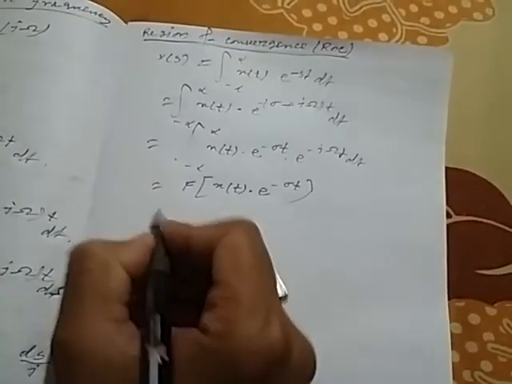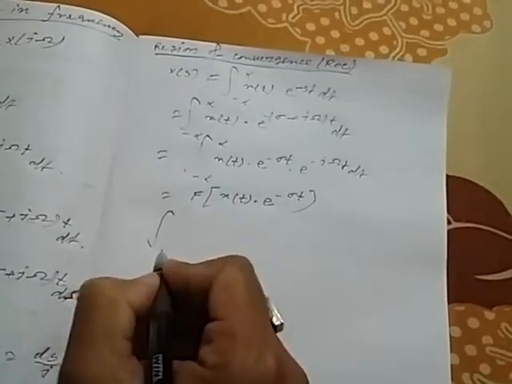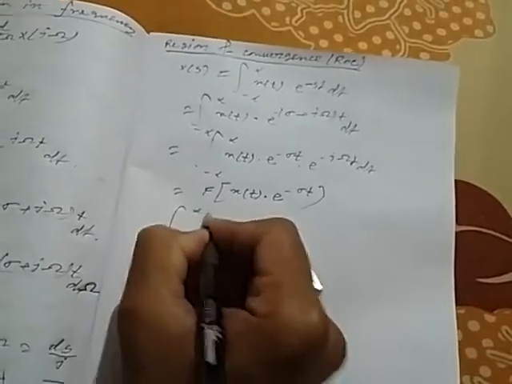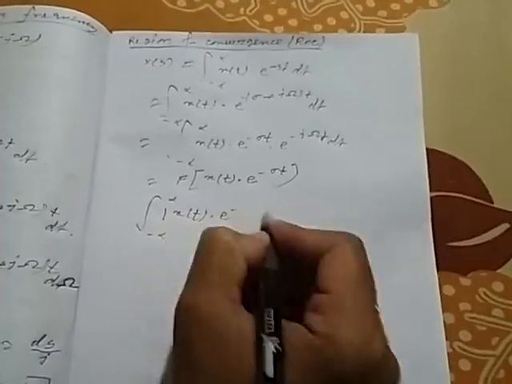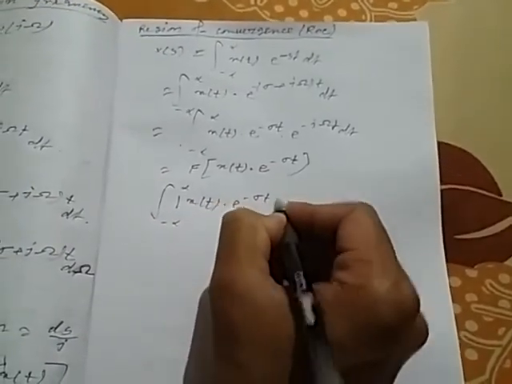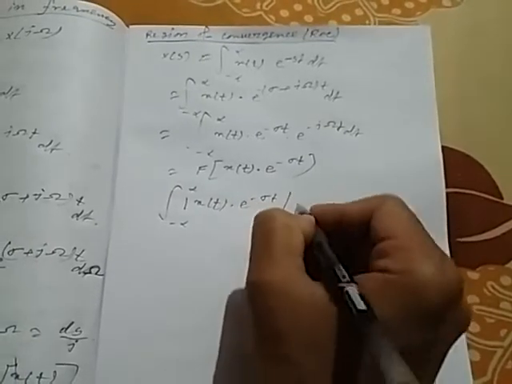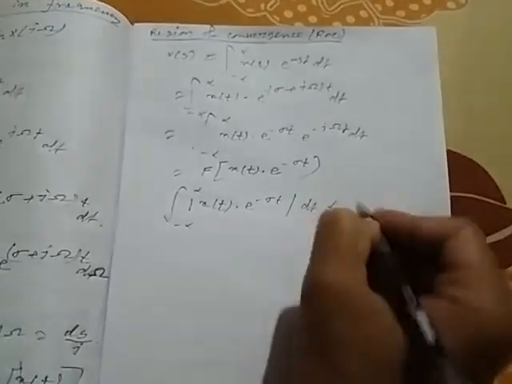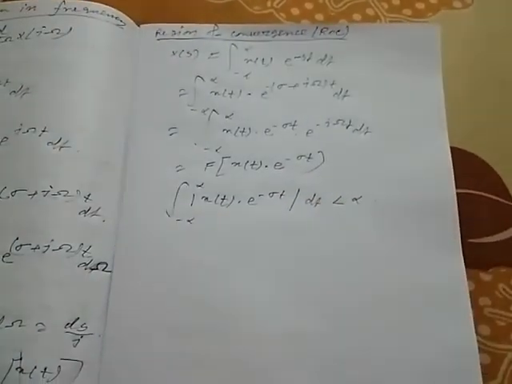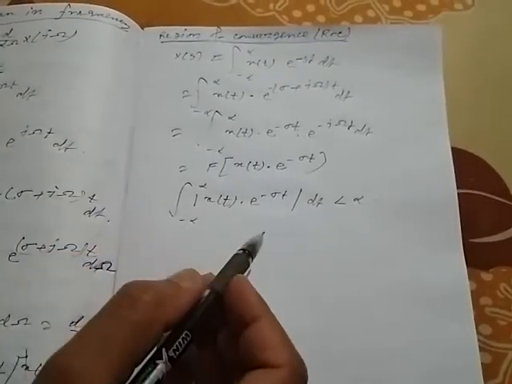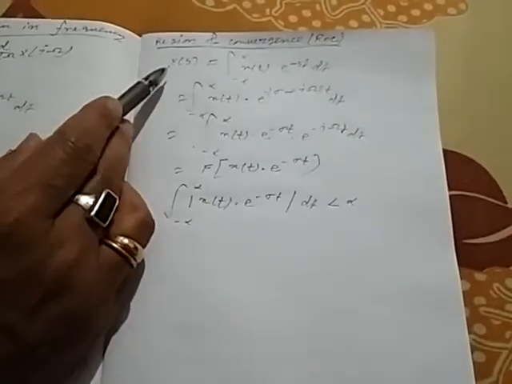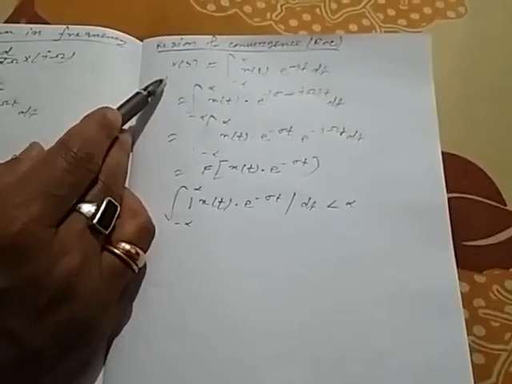That means to exist X(s), integration over minus infinity to infinity mod of x(t) into e to the power minus sigma t dt should be less than infinity. So this is the condition when X(s) exists.